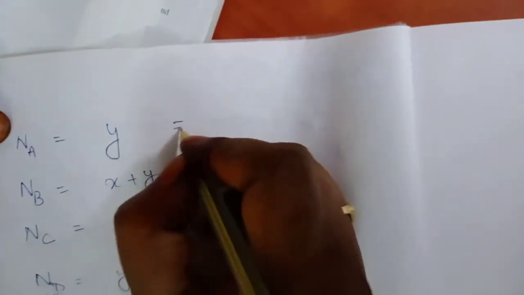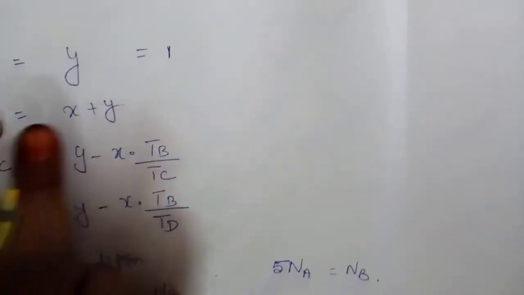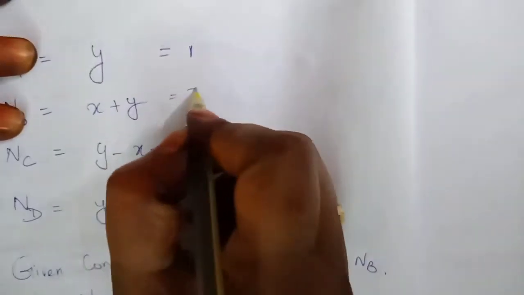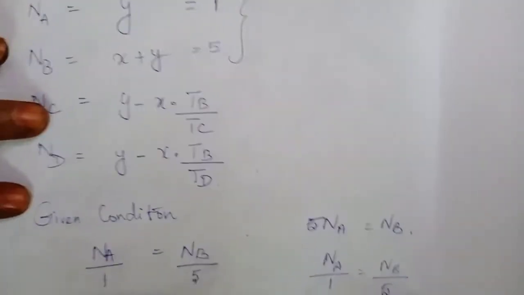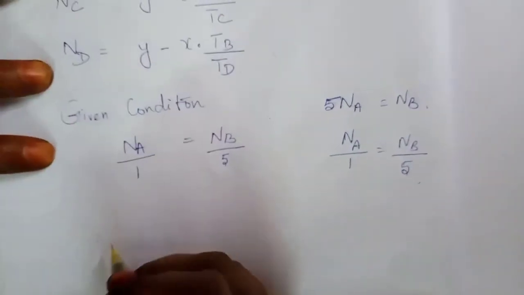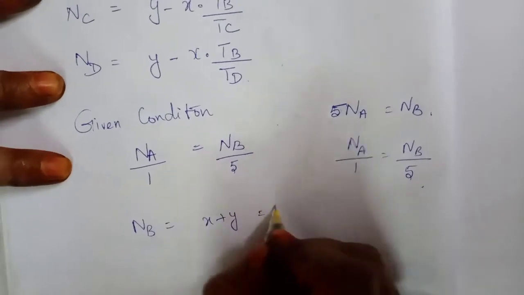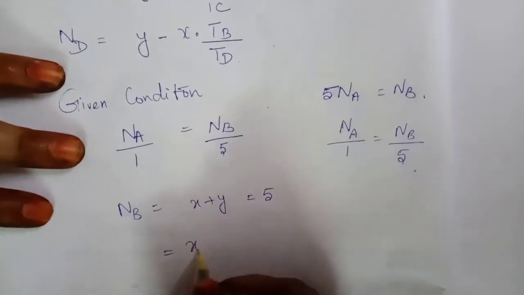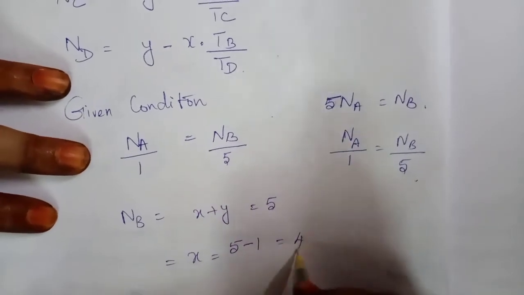The spider revolution, that is y equal to 1, and NB equal to x plus y equal to 5. From these two equations you find x and y. So y equal to 1. Applying in the NB equation, x plus y equal to 5, y is 1, so x equal to 5 minus 1, which is 4.